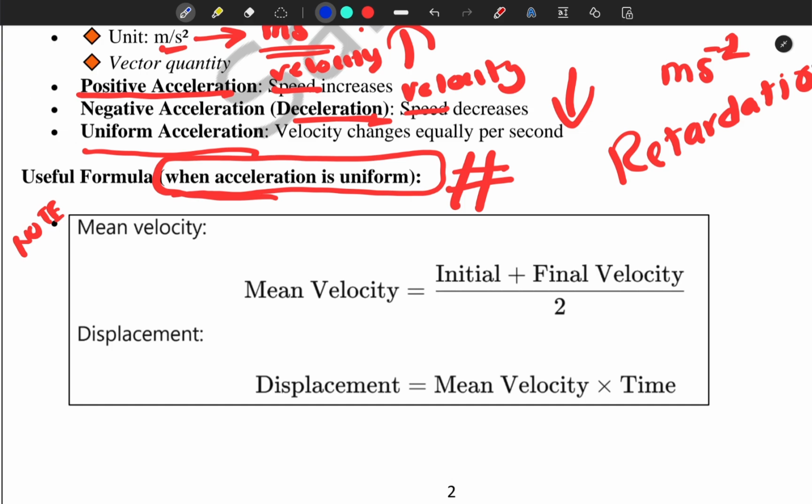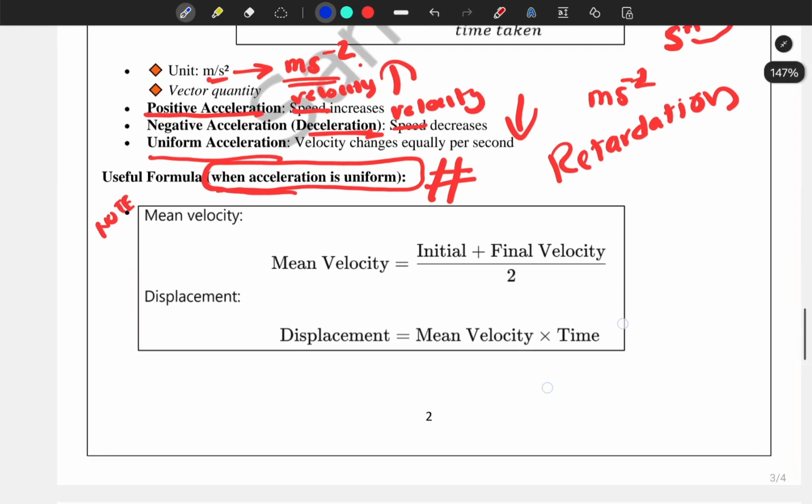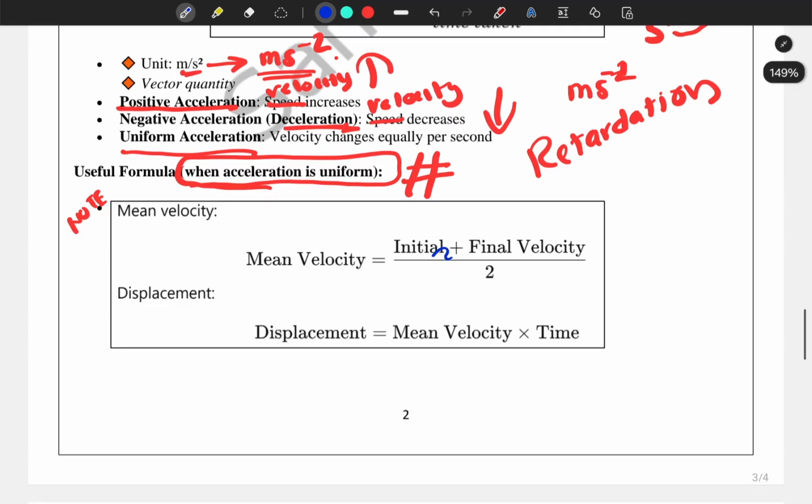අර එක එක විදියට speed velocities වෙනස් වෙන වෙලාවට නෙමෙයි, acceleration එක uniform නම් විතරයි. මේක valid වෙන්නේ uniform acceleration නම් විතරයි. හරිද? velocity වෙනස් වෙනවා but acceleration can't be changed. ඒ වෙලාවට the mean velocity equals initial velocity plus final velocity divided by 2.